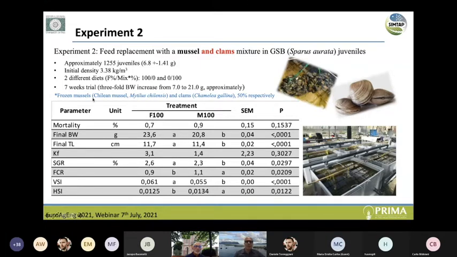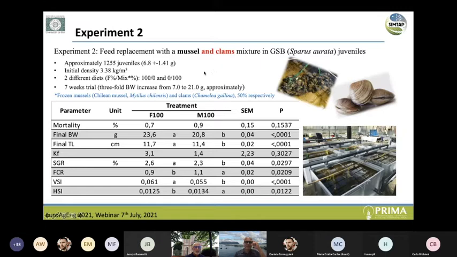In this case, we mixed the mussels, as we saw in experiment 1, together with the clams. The diet was composed of 50% mussels and 50% clams.